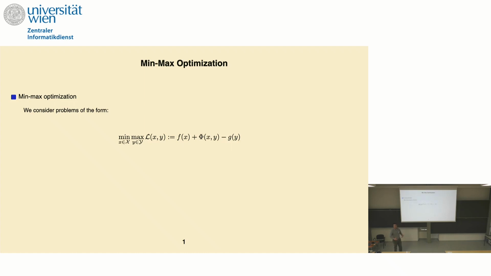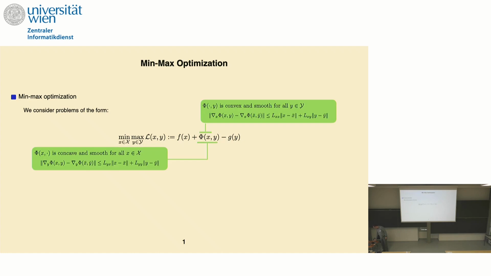Today, I will start with the simplest setting where things look nice and convex, and then towards the end of the talk, I will cover the more general case when things can be non-convex. So for starters, let's say that we have Lipschitz gradients, meaning that you have a coupling function that is smooth in the sense that the gradients are Lipschitz.